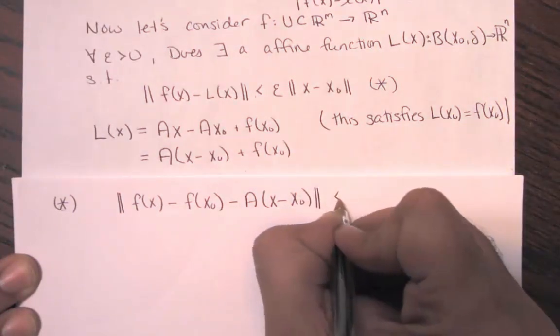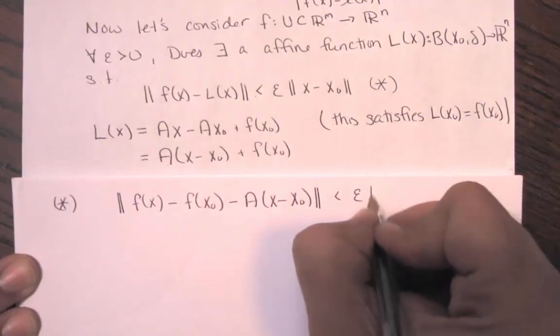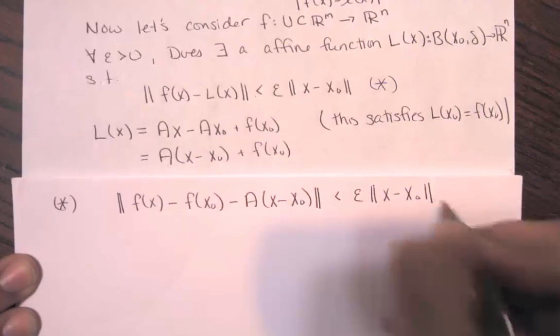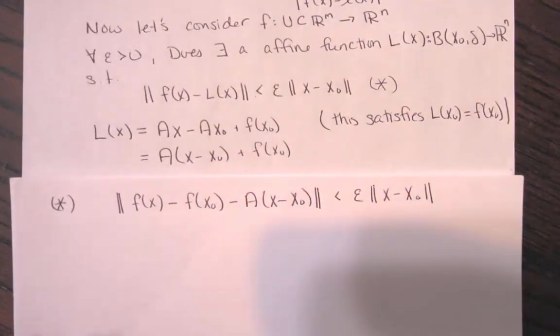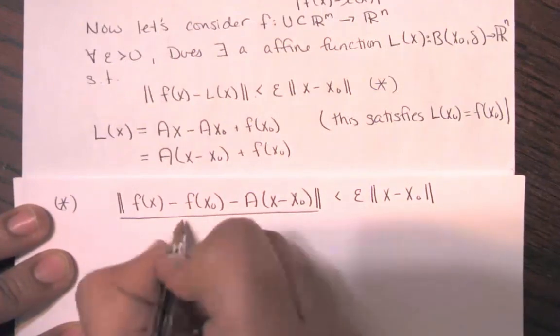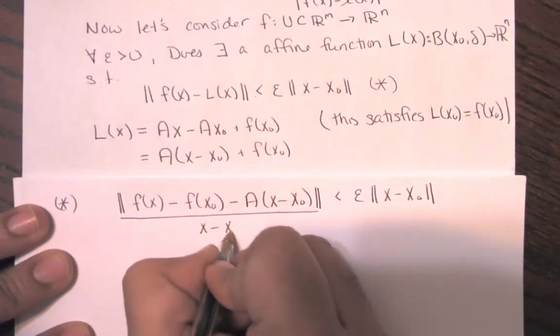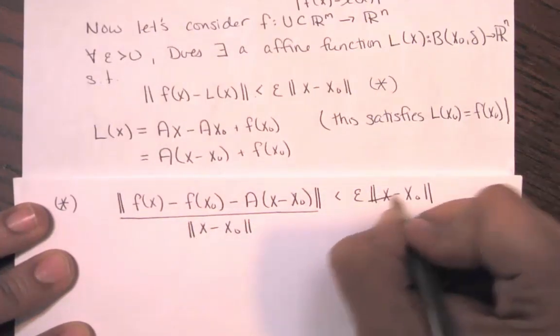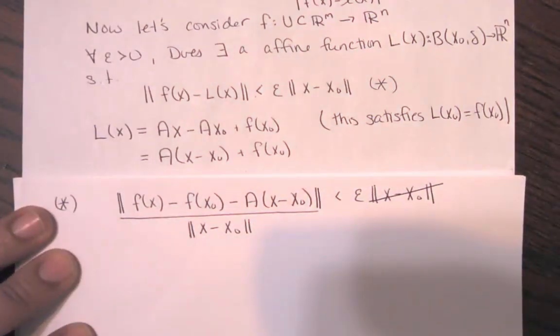This must be less than epsilon times the norm. Now, of course, I can divide through by the norm of x minus x naught. That'll cancel that.